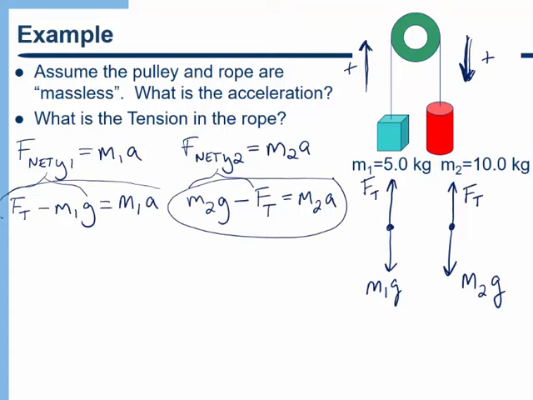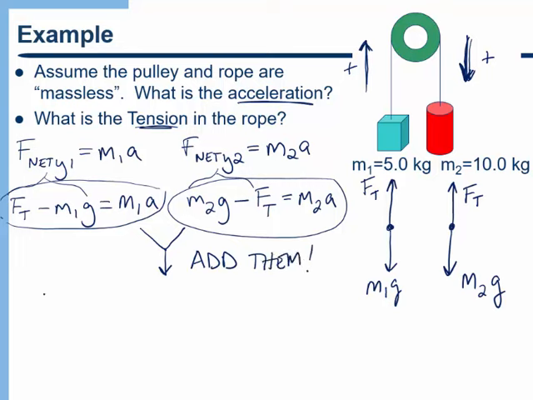So now we've determined our two equations. We've got two equations and two unknowns, the tension and the acceleration. As I mentioned earlier in the video, the quickest way to solve these is to add the equations. I'm going to write Ft minus m1g equals m1a, and m2g minus Ft equals m2a.